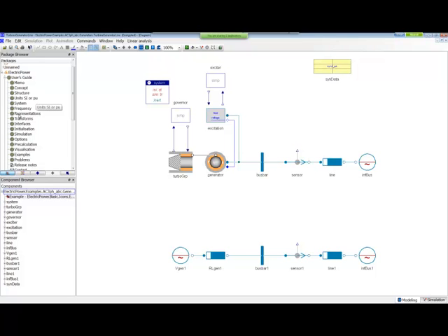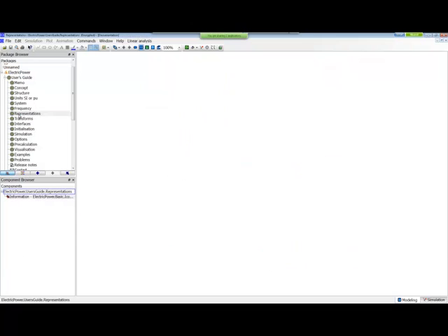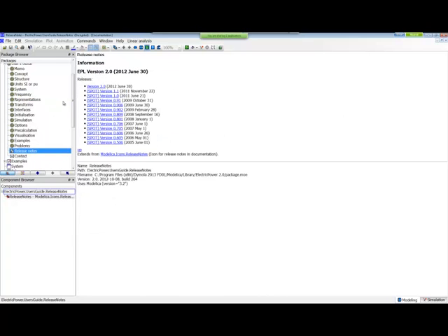The different representations I mentioned are clearly stated here, the one-phase and the three-phase representations. So this is the information layer here. Some information about simulation, initialization, and so on. There is also the release notes.